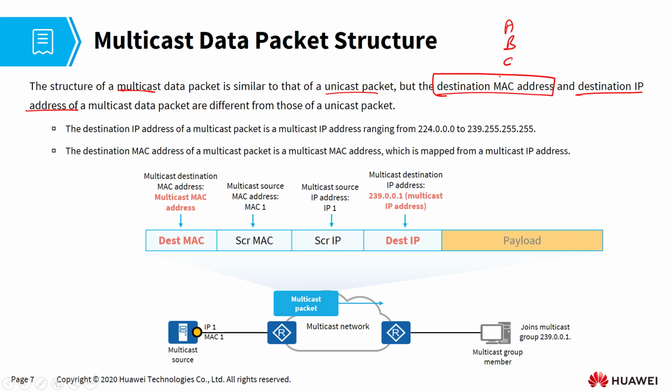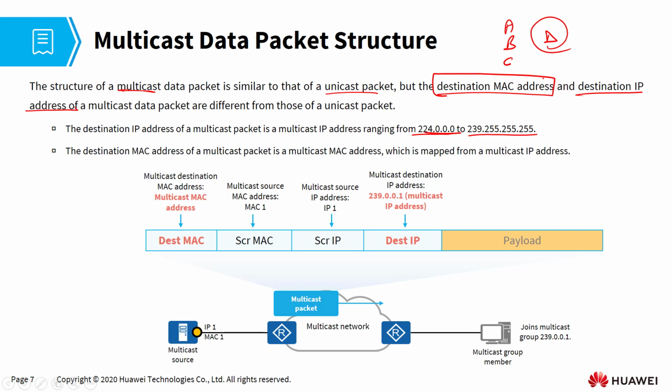For multicast, the destination IP address is going to be a Class D address in the range of 224.0.0.0 to 239.255.255.255. These are special addresses dedicated to multicasts.